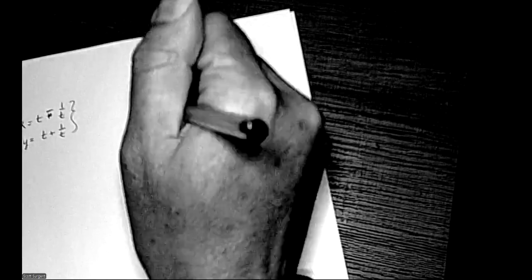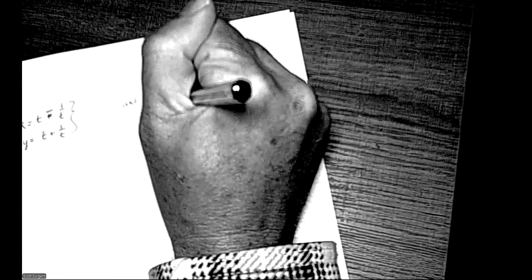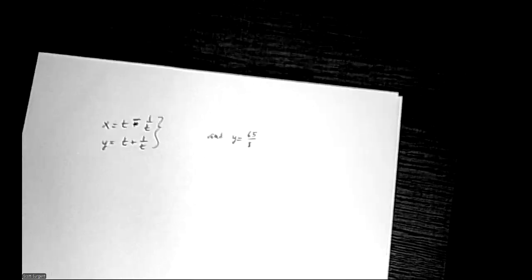So find the area bounded by the curve x equals t minus 1 over t, y equals t plus 1 over t. This creates one graph, and the other graph is y equals 65 over 8.